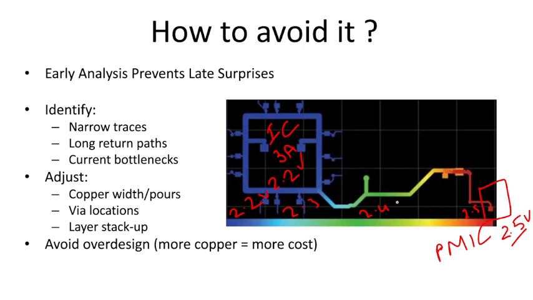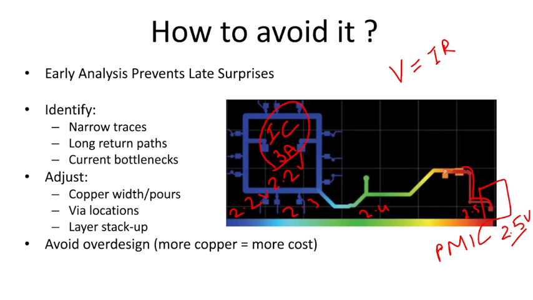Now how can we improve this? One good way is to increase the trace width, like more wider traces, so that we let the current travel freely here, and this will also help decrease the resistance. As we look at the equation V = IR, we don't have control over I because that is what is demanded by the IC, 3 amperes of current.